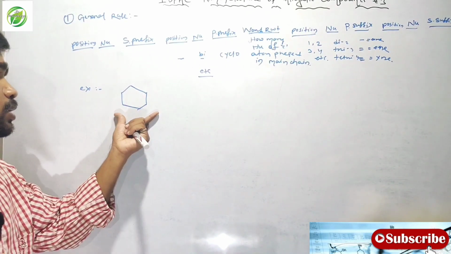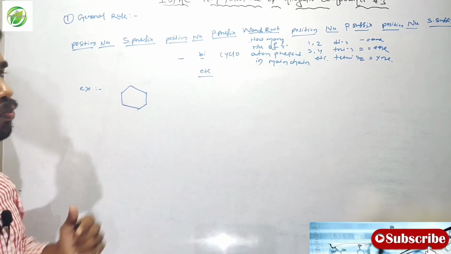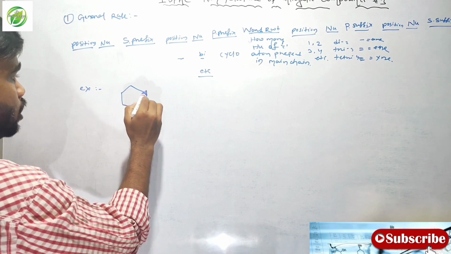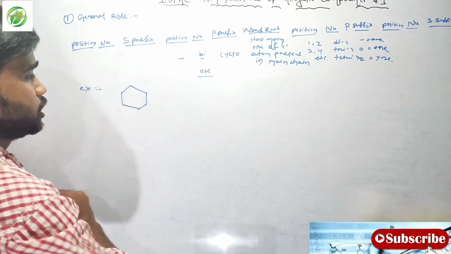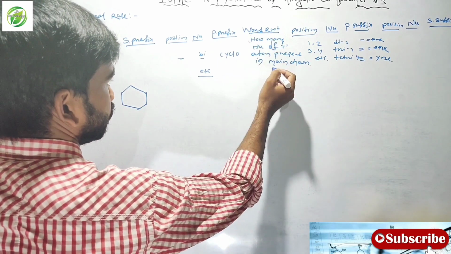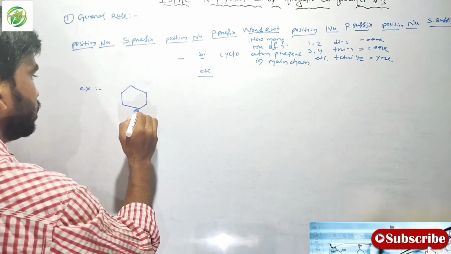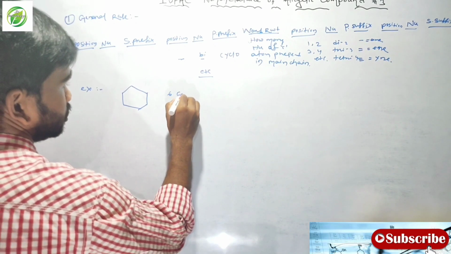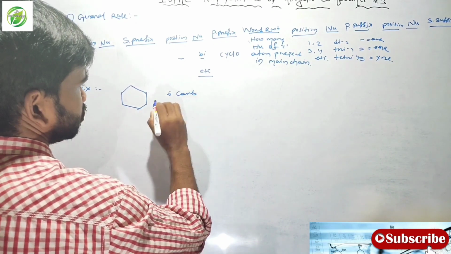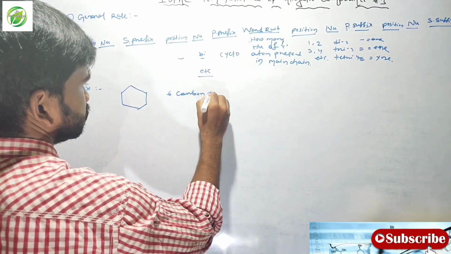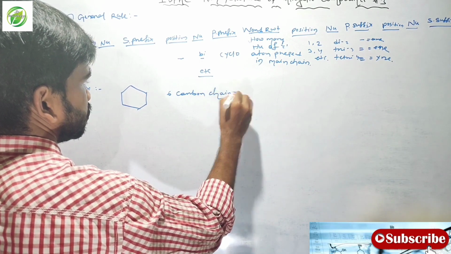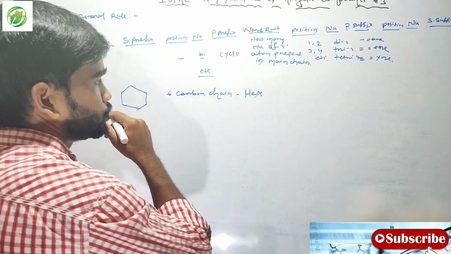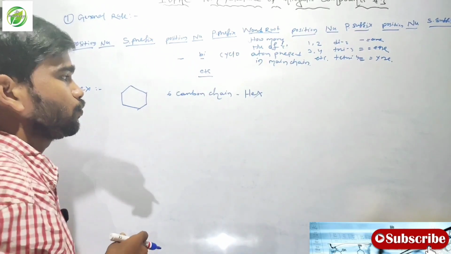Friends, this is a cyclic compound. This is a 6-membered cyclic compound. The number of carbon atoms present is 1, 2, 3, 4, 5, 6. Six carbon atoms are present, a 6 carbon chain. For 6 we use hex; for 1 we use meth, eth, prop, but, pent, hex.